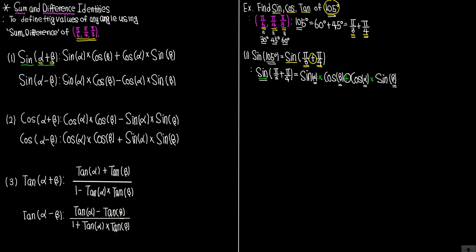But what is alpha in this case? In this case, alpha is the first angle measurement, pi over 3. So this is sine of pi over 3 times the cosine of beta. What is beta? We defined it as pi over 4 radian. We have plus the cosine of the first angle, which is pi over 3 radian again.